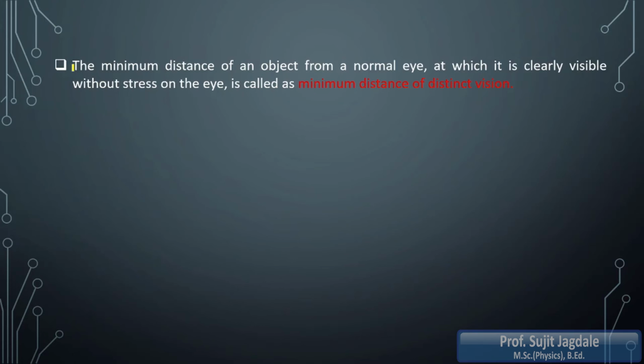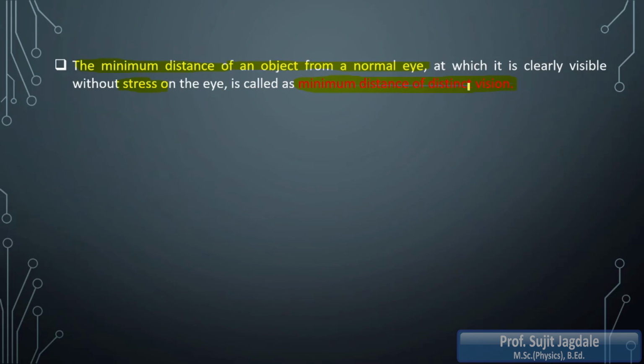So that's why we are able to see objects at a certain minimum distance from a normal eye without straining our eye. That means there is no stress on the eye, and this is referred to as the minimum distance of distinct vision.